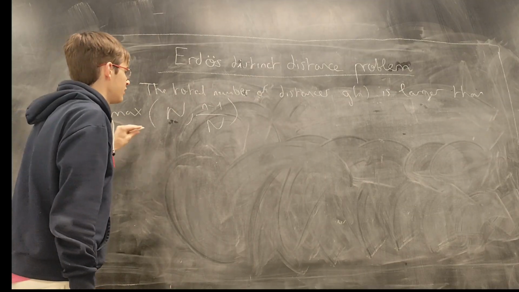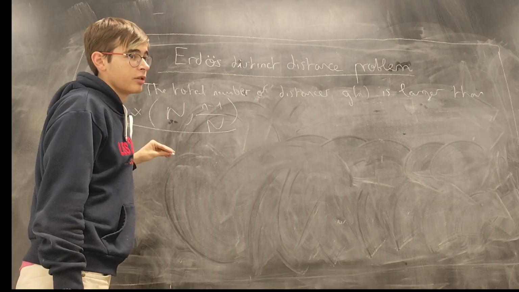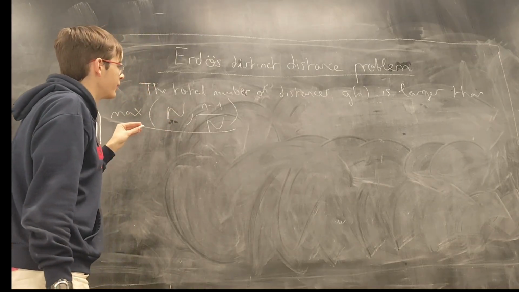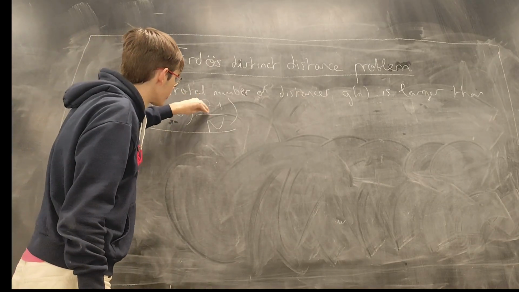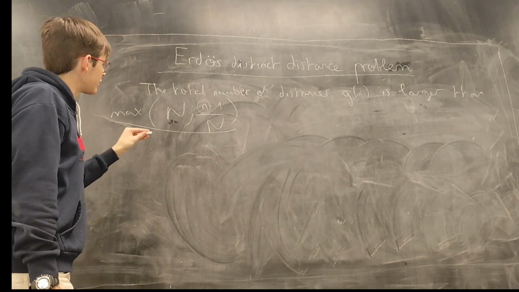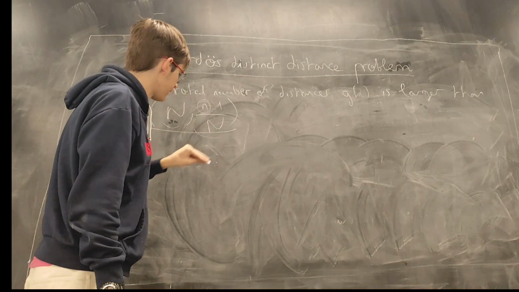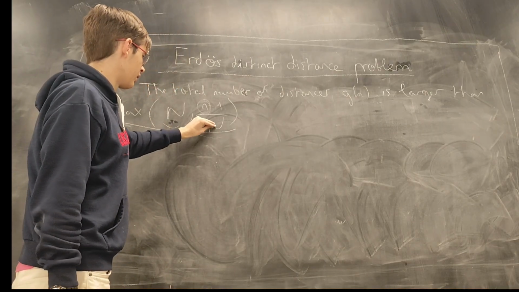But the cool thing is that this maximum is always larger than a certain value that depends only on small n. To see this, let's sketch the function of both of these when big N varies.